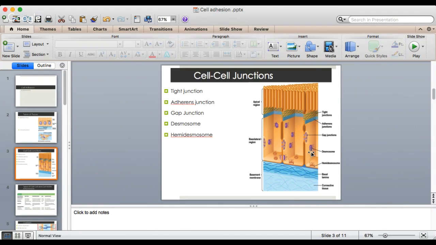It adheres the basal surface to the basal lamina, and it attaches to the intermediate filaments.